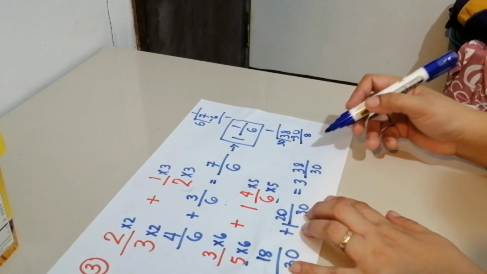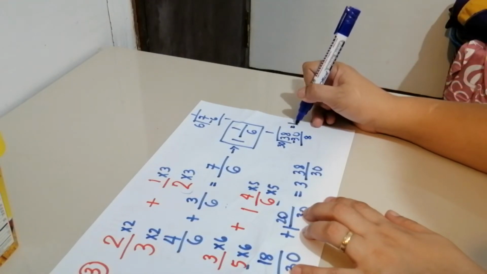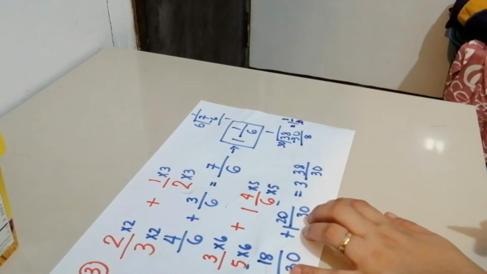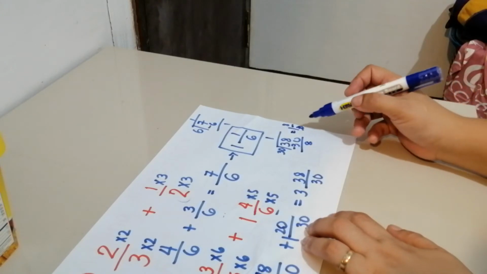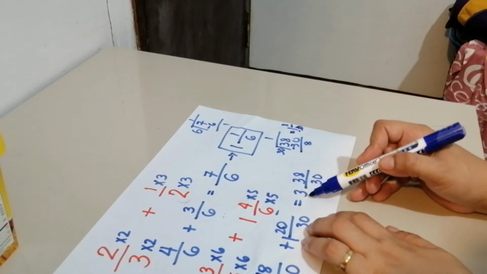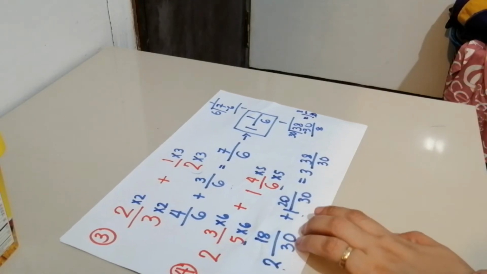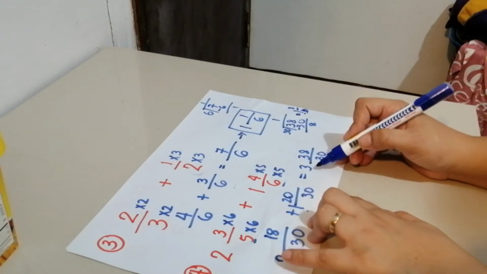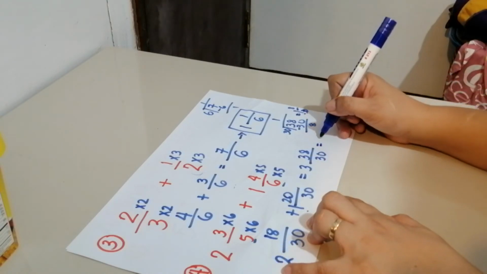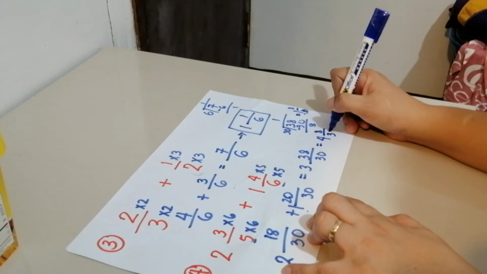So, this 38 over 30 here can be written as 1 and 8 over 30. Okay, so 1 and 8 over 30. May whole number dyan. So, anong gagawin natin sa whole number na to at yung whole number dyan? Idadagdag natin. I-add natin siya. Okay, so 3 plus 1 will be 4, 8 over 30.